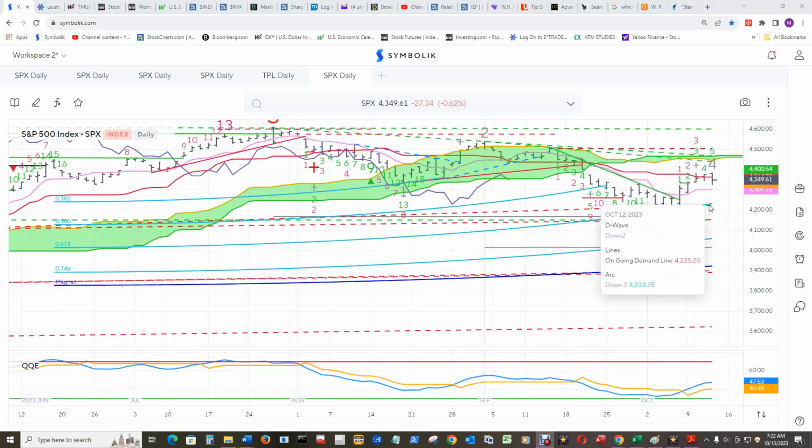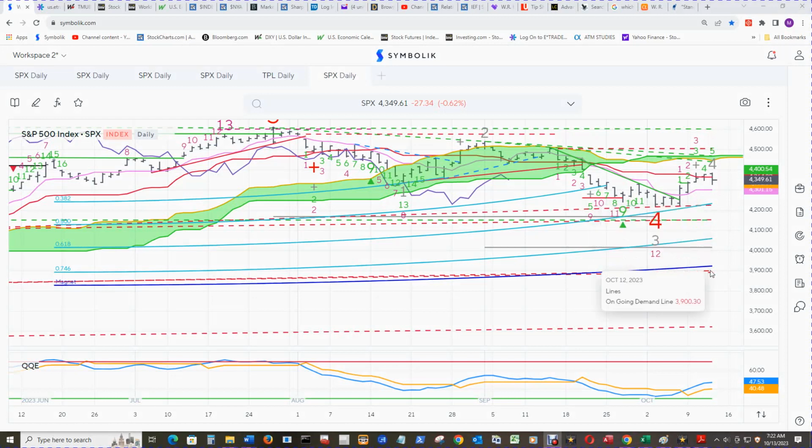This ongoing demand line for today is at 42.26.45, and then this one down here is at 41.53.57, and this is zoomed out enough we can see some other ones that have been there for many months.